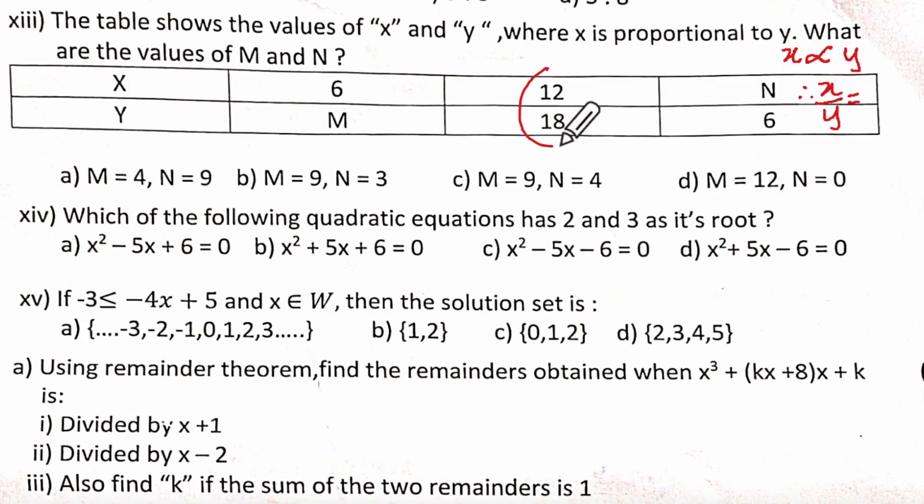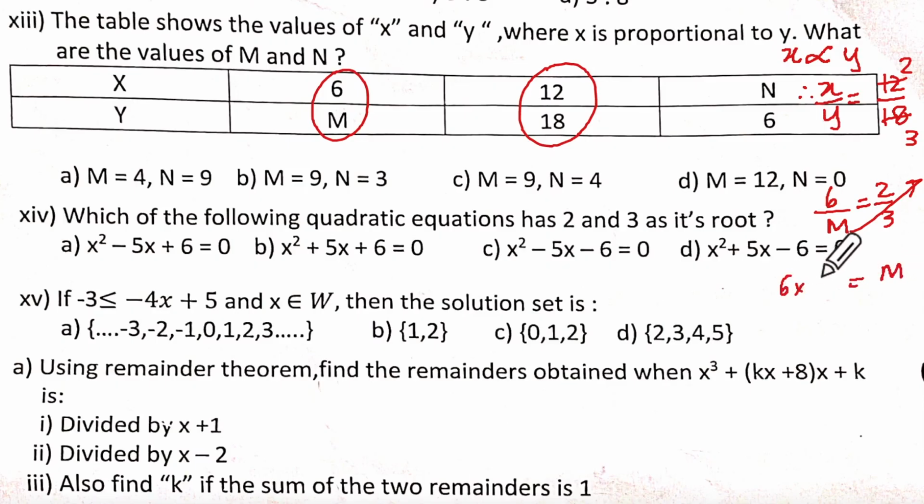Now x upon y, the two values given are 12 and 18, so it is 12 upon 18, which is 2 upon 3. Now if I apply that here, 6 upon m is equal to 2 upon 3. So m is equal to 6 into 3 upon 2. M is equal to 9. Where is m equal to 9? This and this.